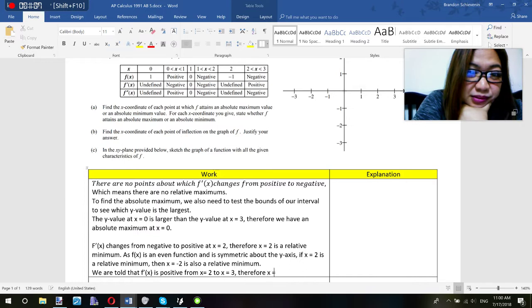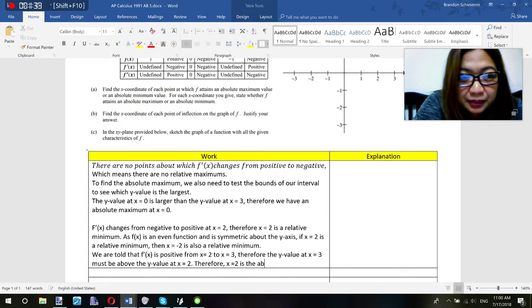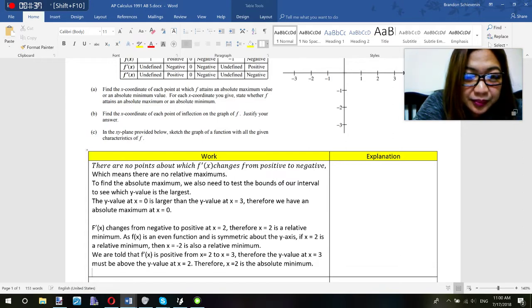Therefore, the y value at x equals 3 must be above the y value at x equals 2. Therefore, x equals 2 is the absolute minimum. And what else do we need?